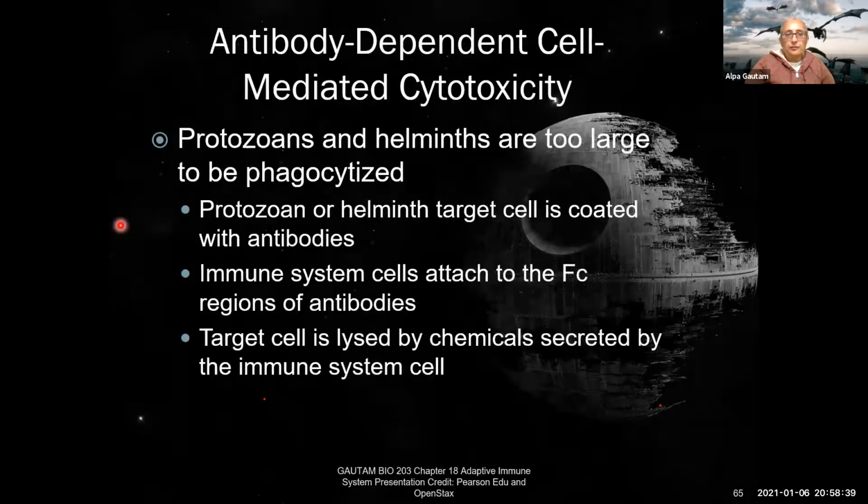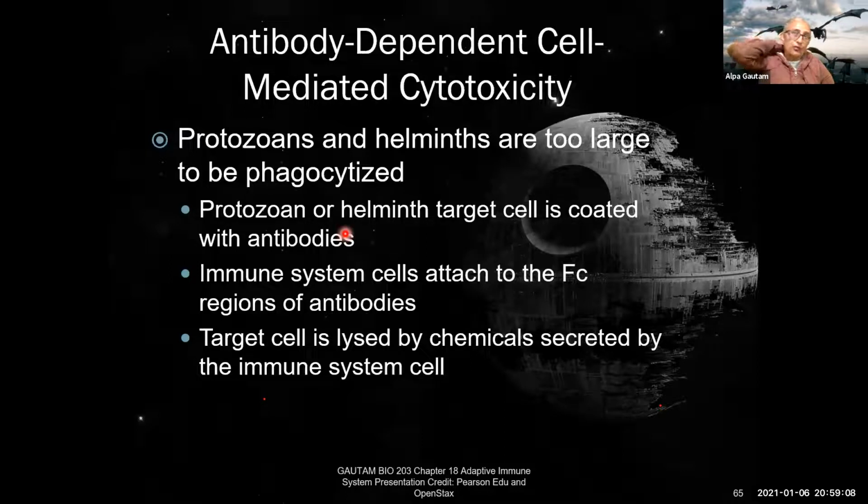Antibody dependent. So let's talk about how protozoans or helminths, or worms, get killed. These are too large to be phagocytized, as I said earlier. And so what happens is you're going to have eosinophils that come along and destroy these cells.